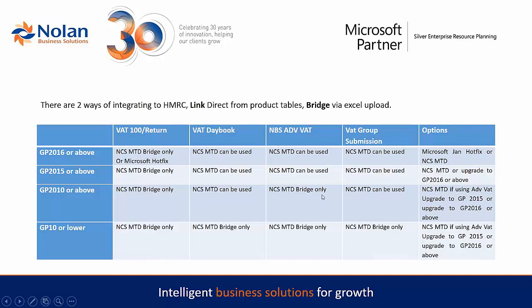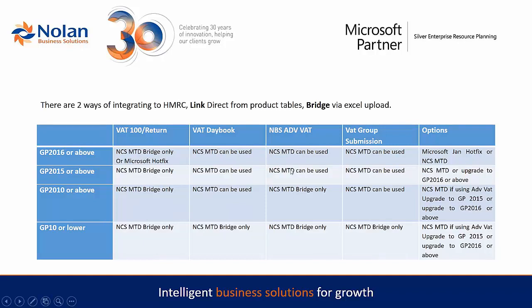But if I'm using Nolan's advanced VAT, I can only use the bridging method again. Reason for this being is we changed the code in Nolan's advanced VAT to update the VAT daybook in 2015. So you need to be GP 2015 or above if you are using Nolan's advanced VAT to be able to use the linking method. Otherwise, it's the bridge for you.